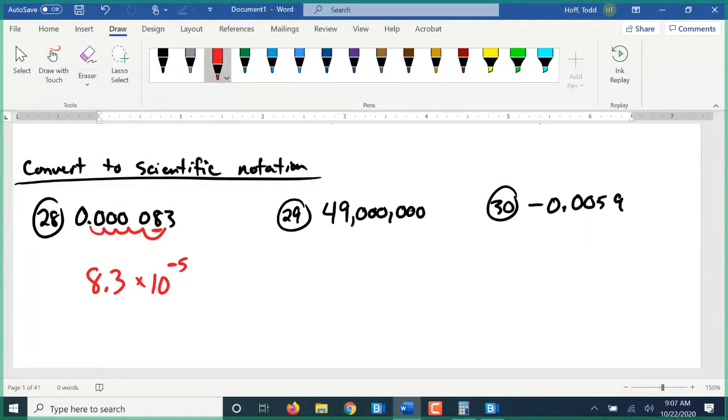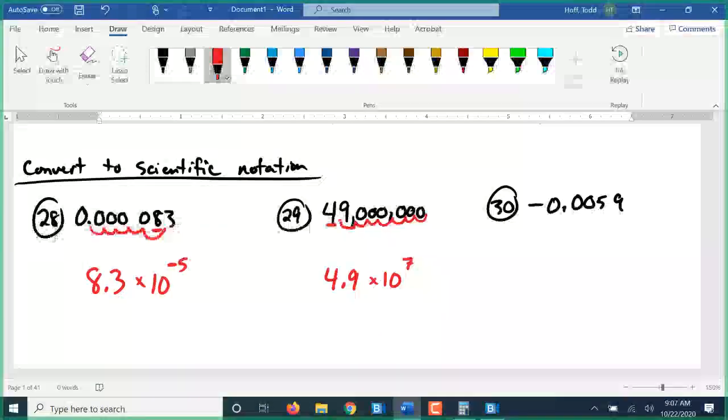These are the negative power of 10 place values in the decimal places. So this one here, the 4 is our first non-zero digit, so I'll put the decimal point after that. So that'll be 4.9. The decimal point has to move 1, 2, 3, 4, 5, 6, 7 spots. That is a large number, 49 million, so it's a positive power of 10 place value. That is 10 to the positive 7.